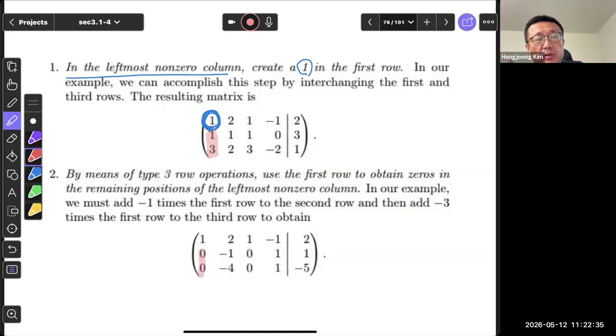Now, when I change these 1 and 3 to zeros, I will use only type 3 row operation, in other words, replacement.